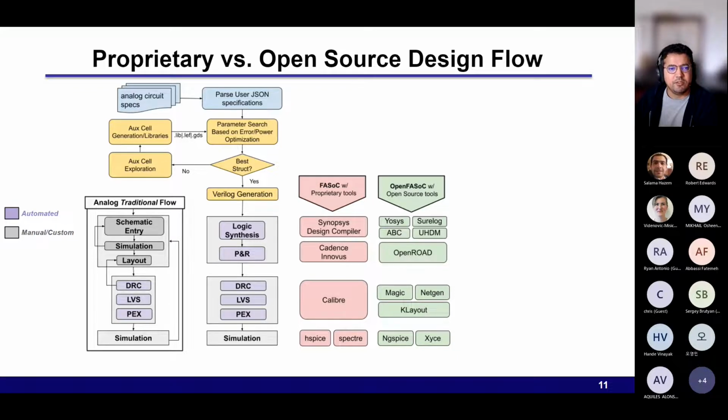We have added KLayout recently, which appears to be a powerful tool for layout viewing and LVS and DRC checks, but also automation. And finally, we are using ngspice, which is currently used for post-layout simulation, but also Xyce, which is part of the DARPA IDEA programs.